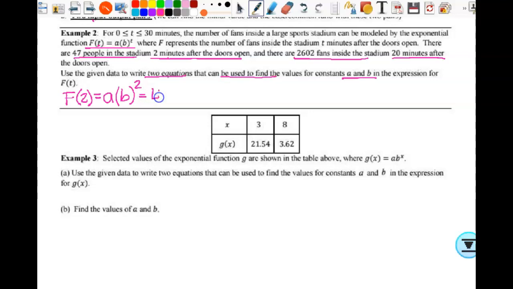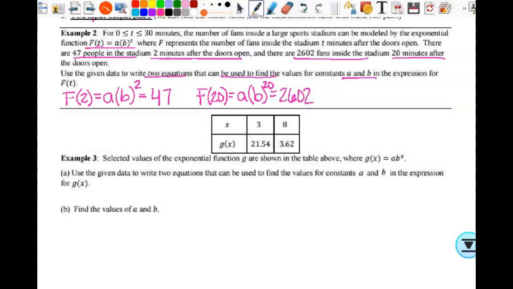Very good. Because f of 2 equals 47, I can substitute 2 in for t right there. So then I also know that f of 20 would be equal to a that I don't know times b that I don't know to what power? 20.